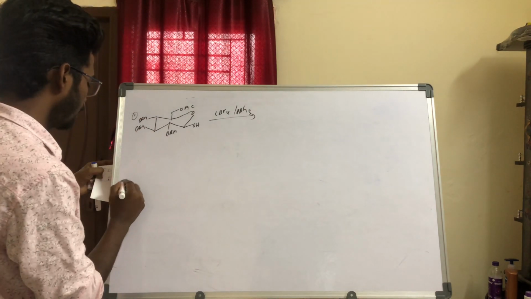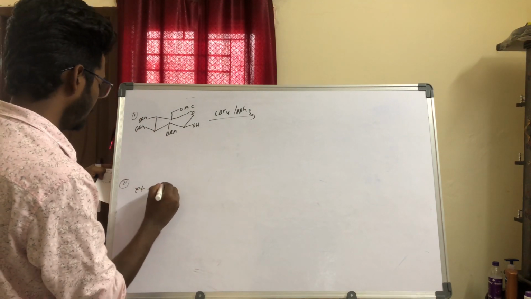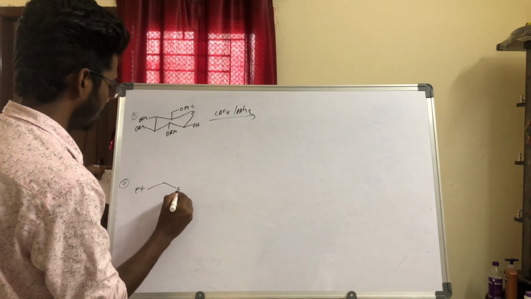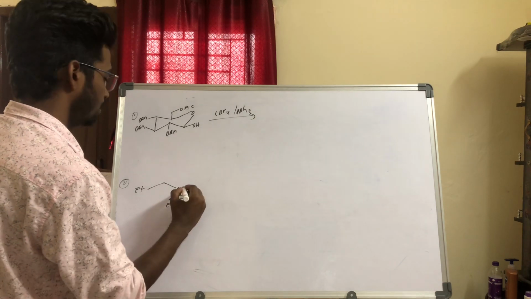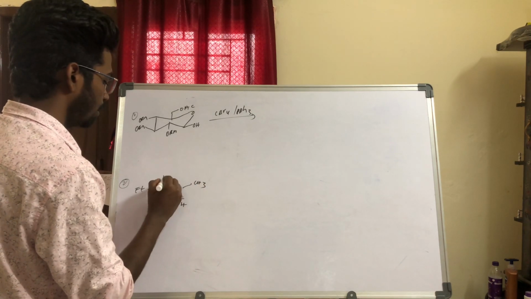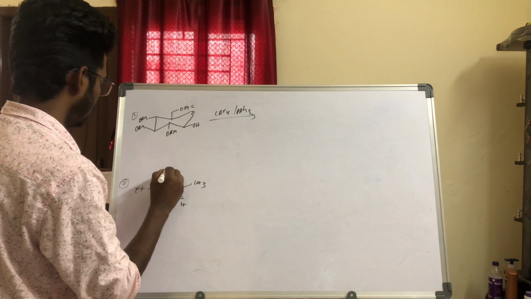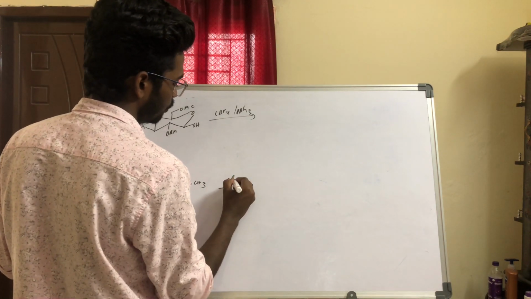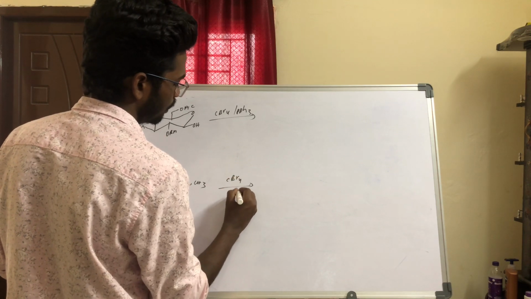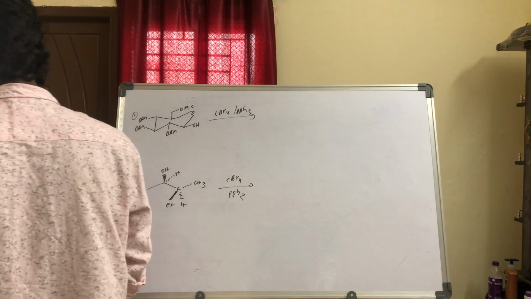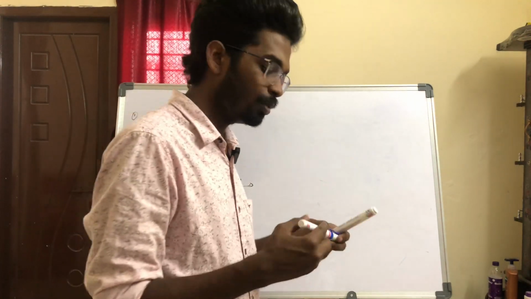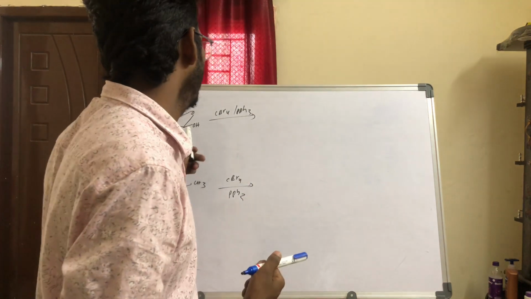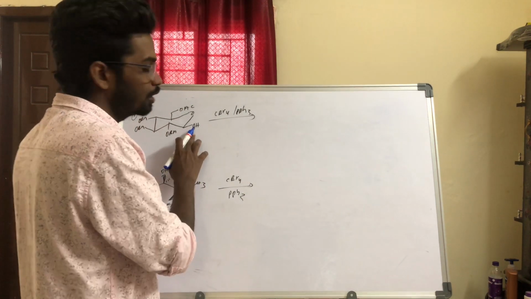Again one more reaction: Et above the plane and hydrogen below the plane, CH3, OH above the plane and H below the plane. It is treated with CBr4 and PPh3. Very simple examples. Here they have given carbon tetrabromide and an alcohol.